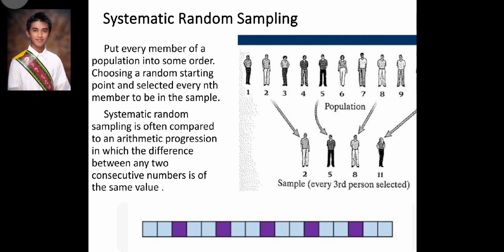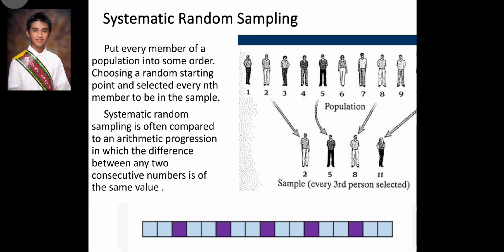In that arithmetic sequence, for example, we have numbers 1 to 100. In that 1 to 100, we choose arithmetically who would be the persons that belong to the sample.